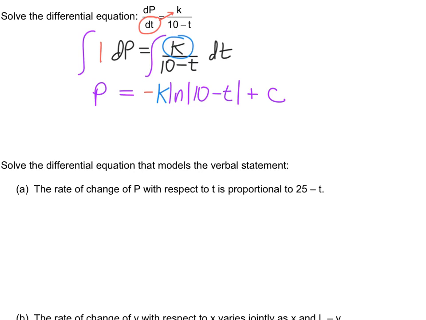Right. Now, in part A, it says the rate of change of p with respect to t. Right, so rate of change of p with respect to t. That's calculus speak for dp dt. Is proportional. All right, so you might be wondering, well, what kind of proportional? Directly, inversely, jointly proportional. If they don't say, it's direct.